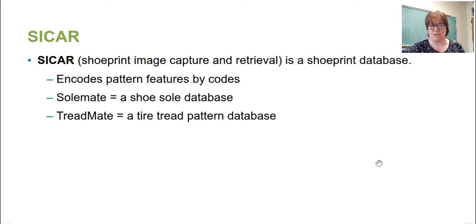It has Soulmate, which is a sole database, so it can say, this sole is the tread pattern of a Hush Puppy size 8 model whatever from this year or this range of years. Treadmate does a similar thing for a tire tread pattern database. There's not that many tire treads out there comparatively. I think there's probably more shoe treads than tire treads.